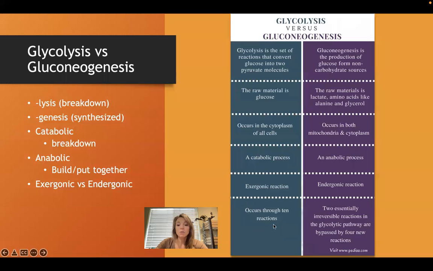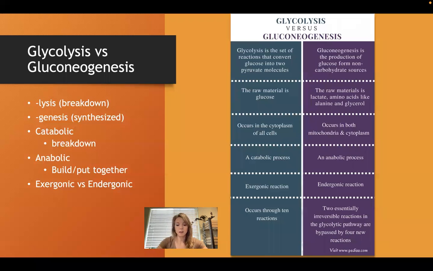Glycolysis occurs through 10 reactions, remember, the 5 in the first half and the 5 in the second half. In gluconeogenesis, the 2 or 3 essentially irreversible reactions in glycolysis are bypassed by 4 new reactions, so it's actually going to be longer because of the way that process works.